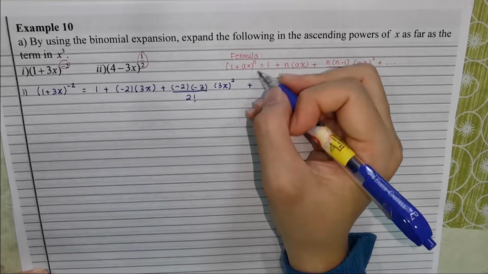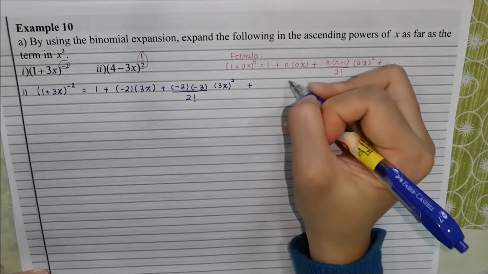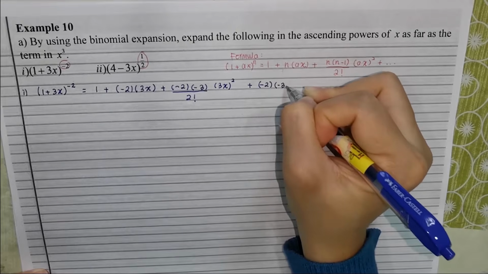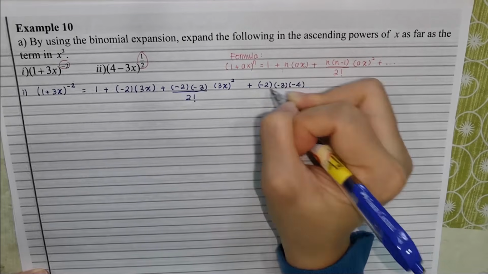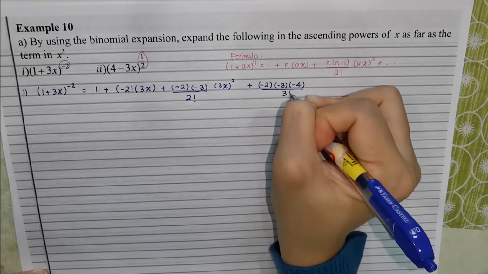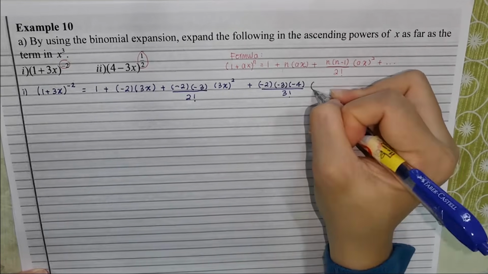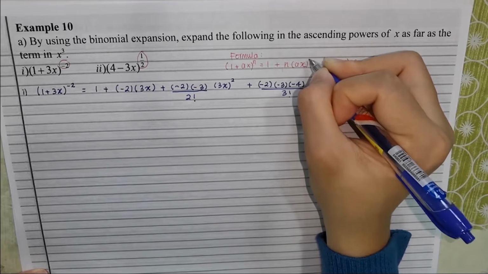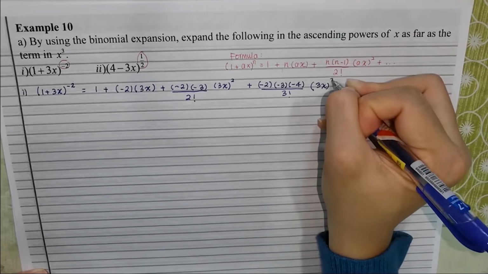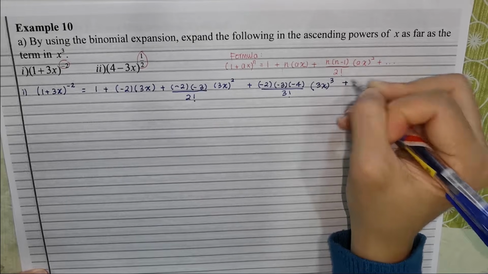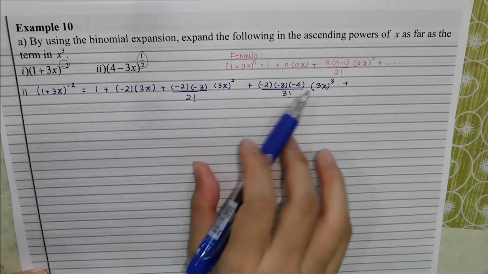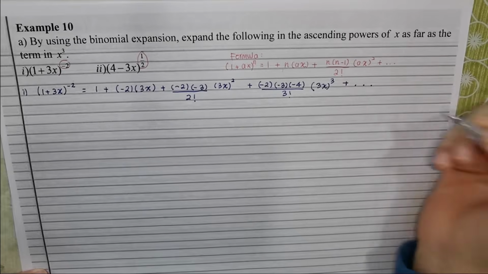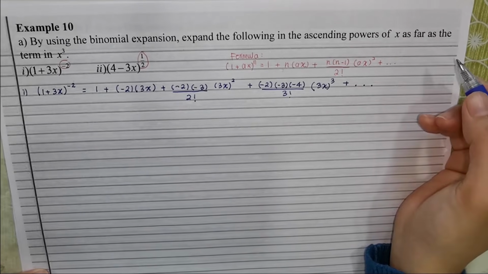It gets a bit more interesting here: n, n - 1, n - 2, three factors divided by 3 factorial, and then (3x) with the power going up: power 1, power 2, power 3. Look at how many terms we have here: 1, 2, 3, 4, up to x cubed. So we stop here and put a triple dot at the end, which means the series continues.